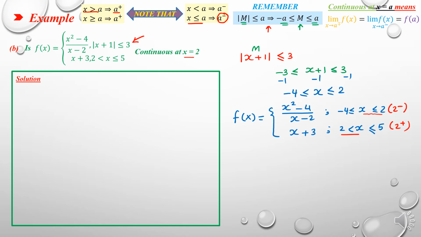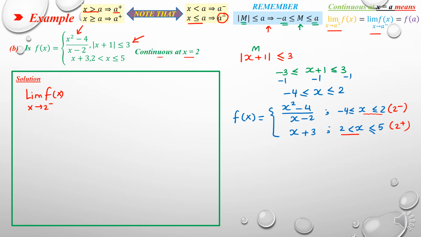In our question, you have to check the continuity around x equals 2. So you have to check if these limits are equal. So firstly, I will start with limit f of x when x goes to 2 from left.